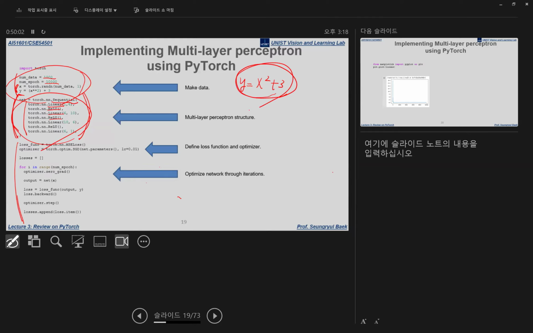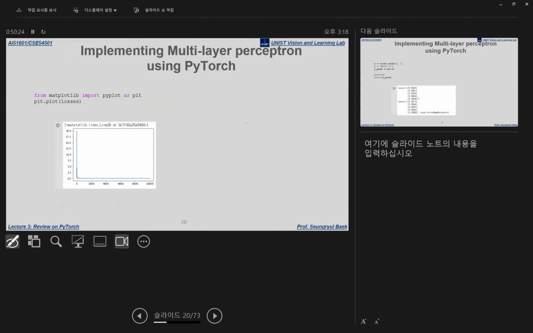By using this training code with MLPs, we want to make this MLP, which has 3 linear layers, mimic this quadratic function.